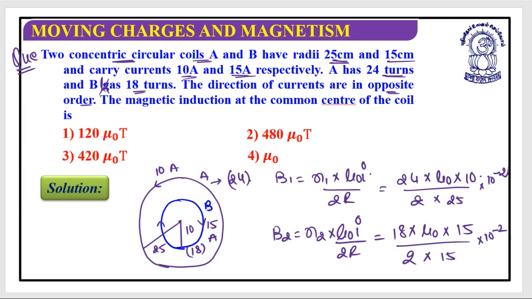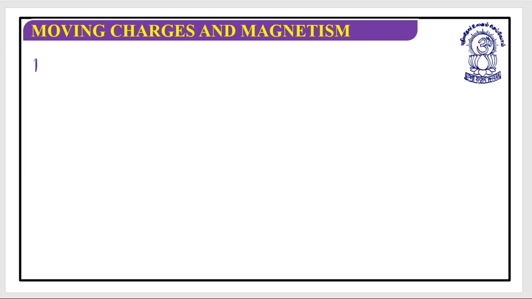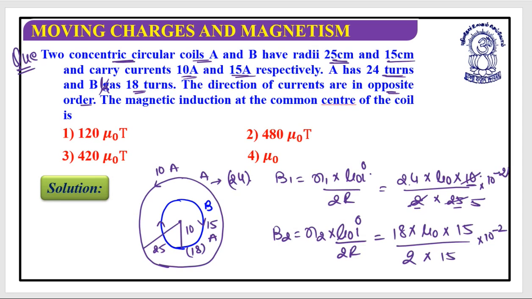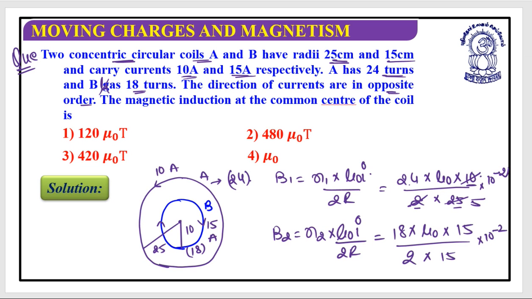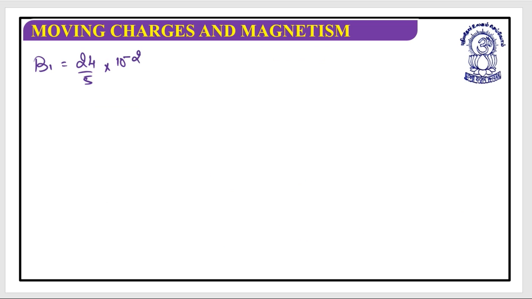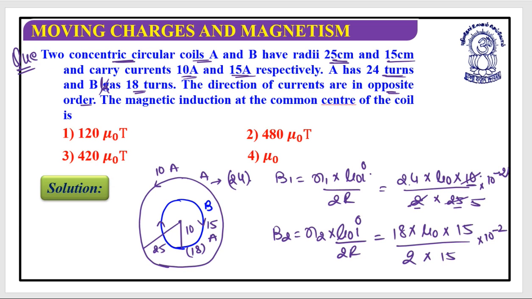So B1 could be written as, look at this, this is 10, this is 25 into 2, 5s are 50. So this is 24 by 5 into mu naught into 10 to the power minus 2. So B1 is equal to 24 by 5 into 10 to the power minus 2 into mu naught.